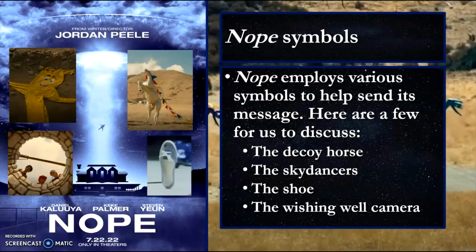And I think that's communicated through various symbols. For example, the sky dancers that they use to try and lure and control Jean Jacket so they can get a picture of him. I think they represent man's control over nature using technology. And we should note that they are very colorful.